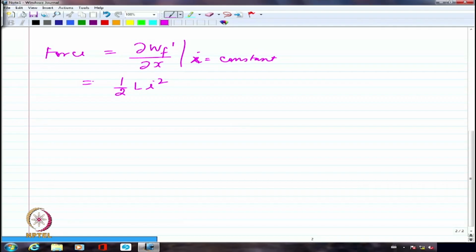So dou of this with respect to dou x. So I don't know how exactly the inductance is going to change. After all, the current invariably we assume it as varying only with respect to time. We do not really look at that varying with respect to the position.